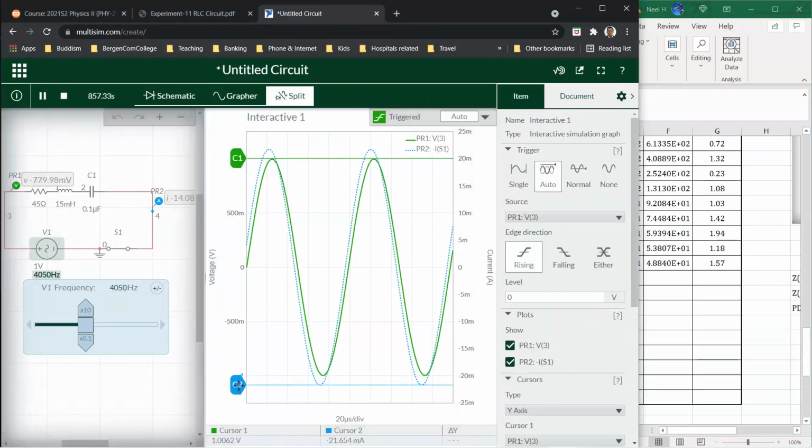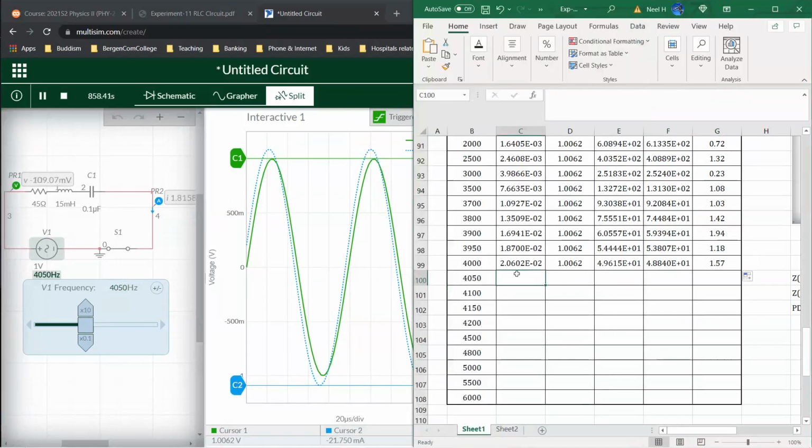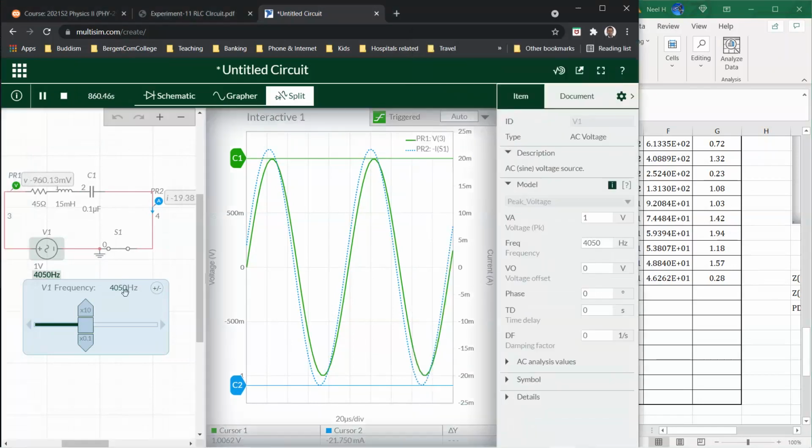Still, I think, increasing very slowly. Yeah, 21, 0.021750. That's good. Let's try 4100.